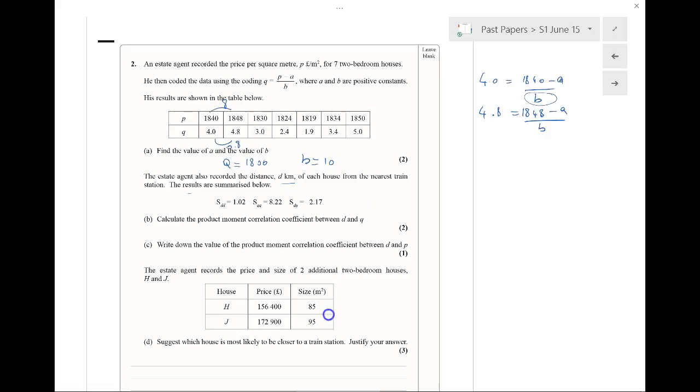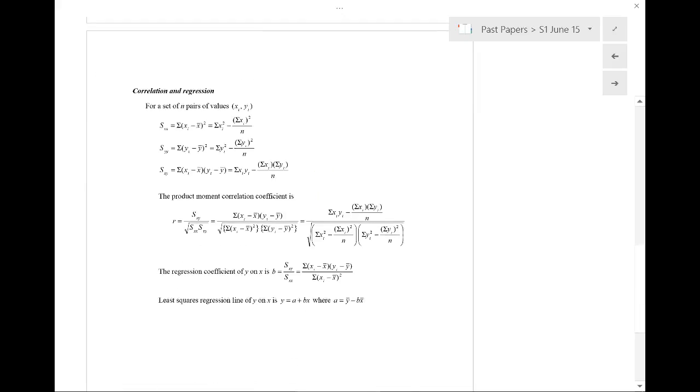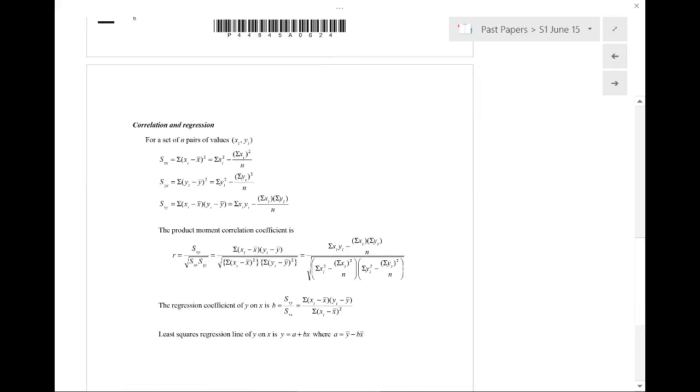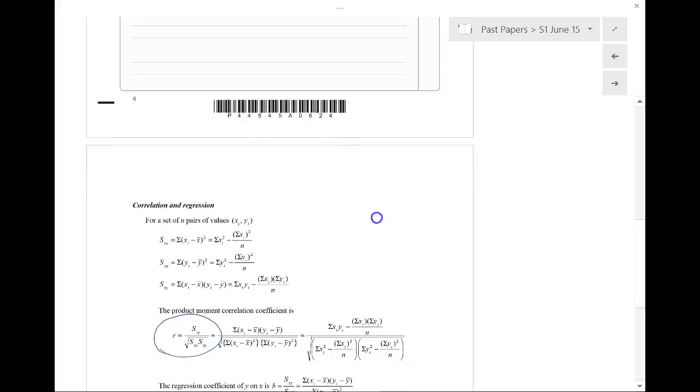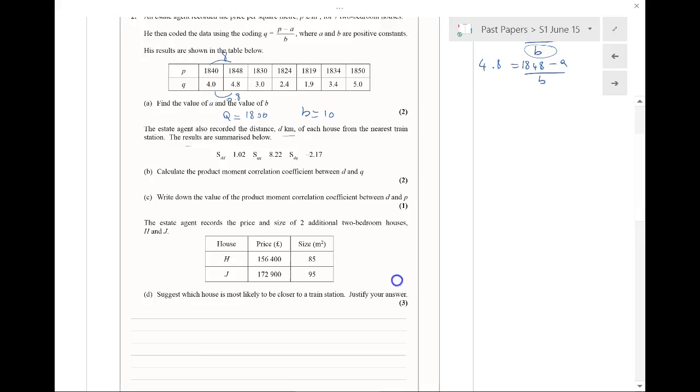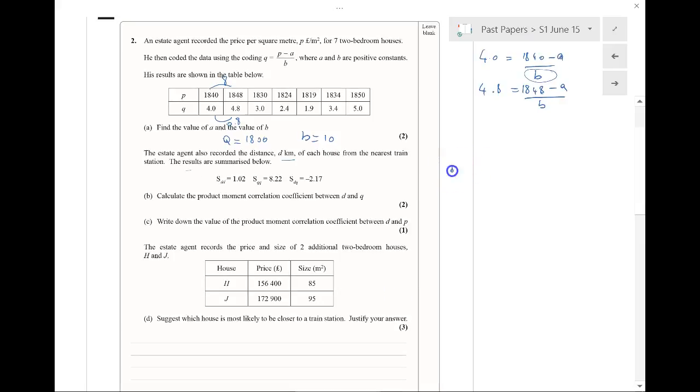I'm just going to scroll down to the formula you've got here. You're given the product moment correlation coefficient here. Okay, so that's R equals the one with 2 of them, that's minus 2.17, over the square root of these 2 times by each other.